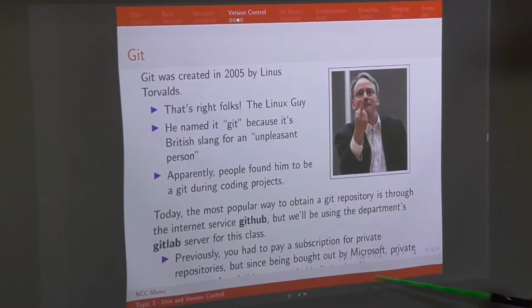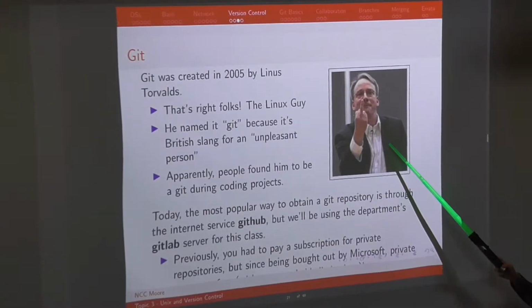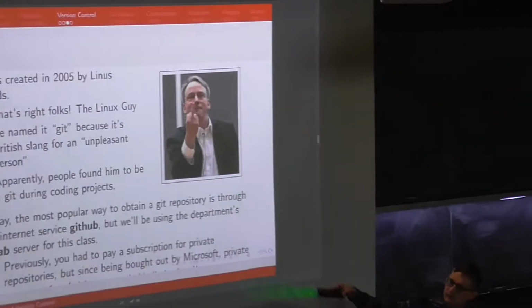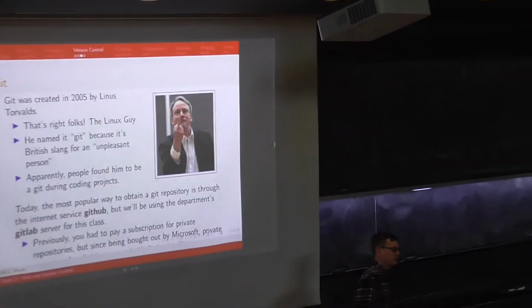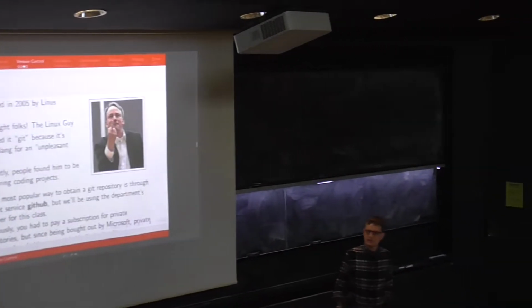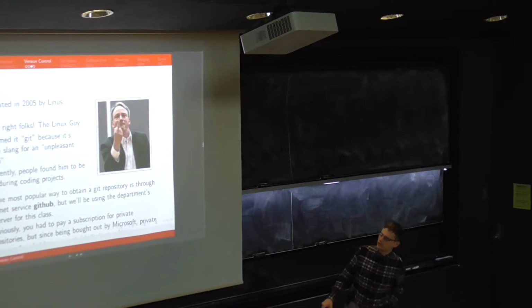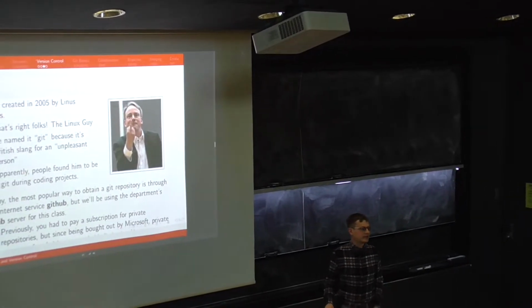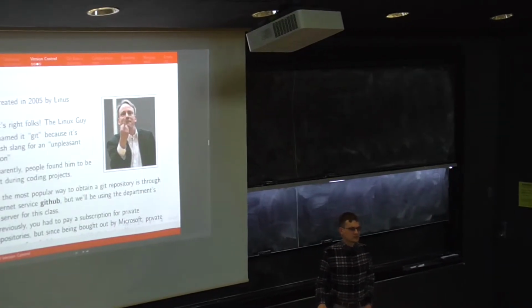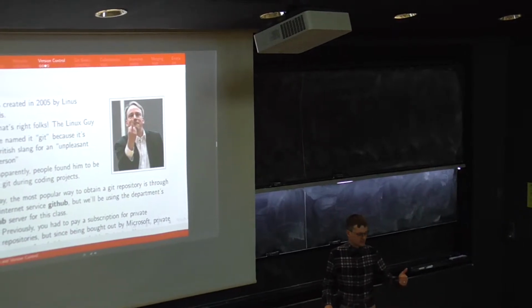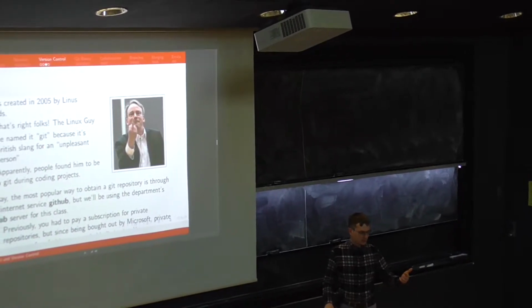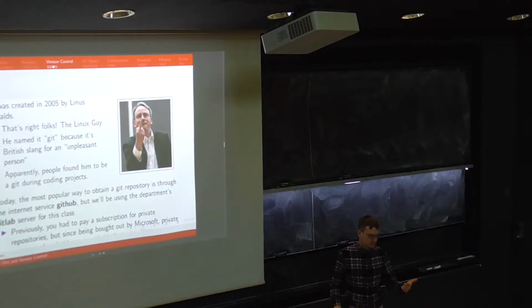So, I see I cut off the slide, but anyway. He wrote Git as his own version of Subversion, his own version of repo control, named it, again, after himself. So Linux is named after this guy. Git is named after this guy.